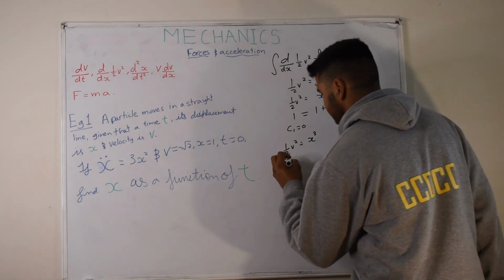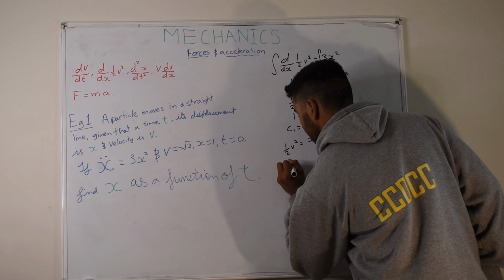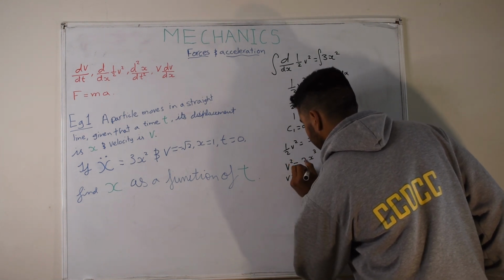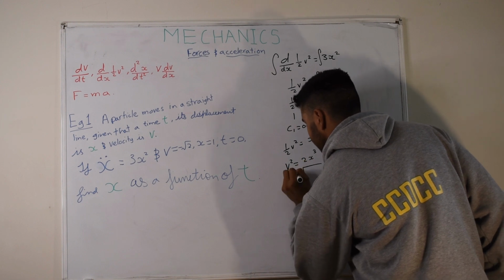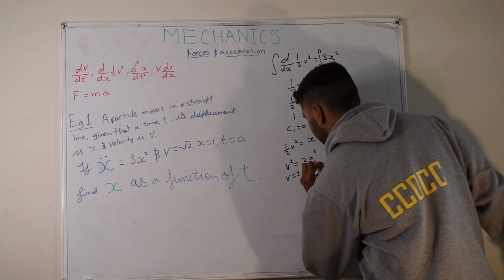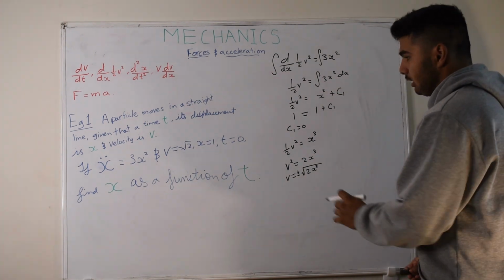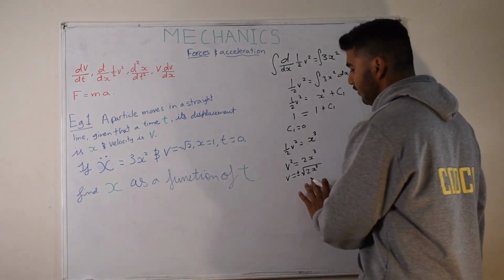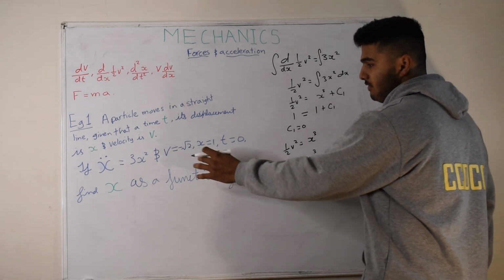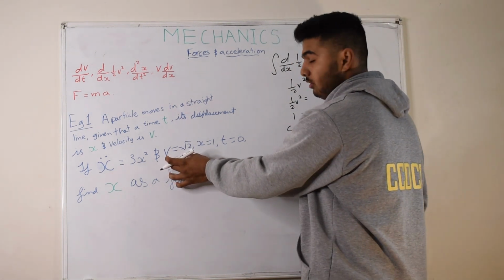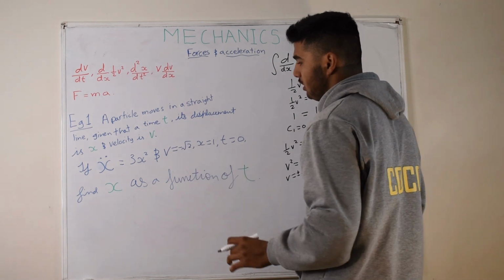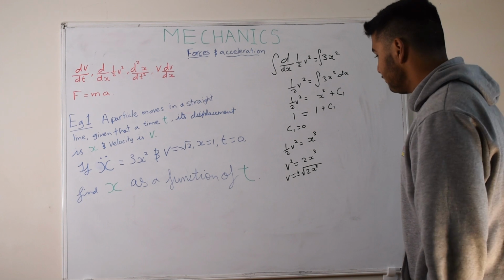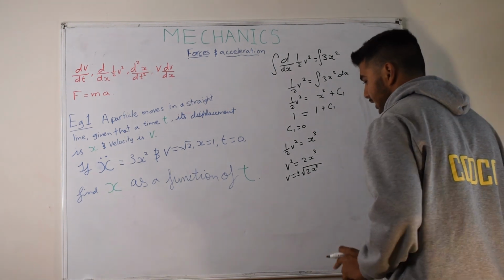Further simplify this, we go v squared equals 2x cubed, v equals plus minus square root of 2x cubed. Coming back to this part here, this would satisfy when v equals negative root 2 at x equals 1. That means that the velocity is negative in this case, so we'll take the negative part of this.